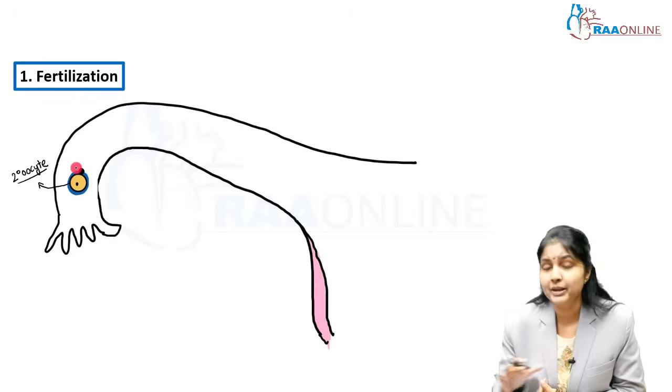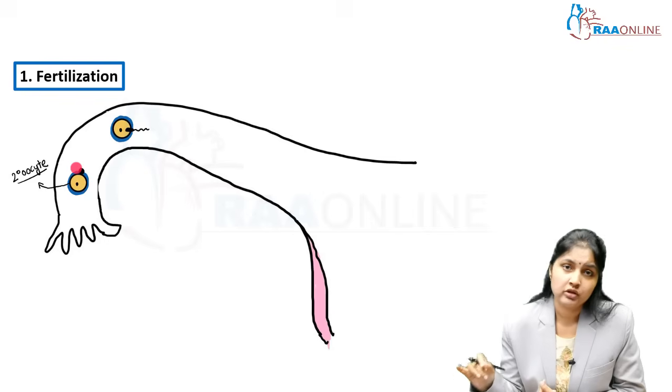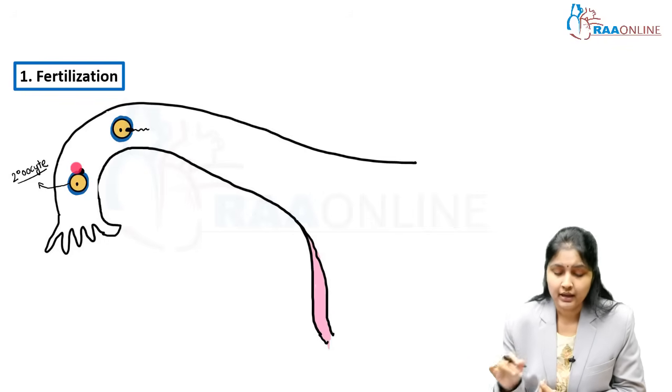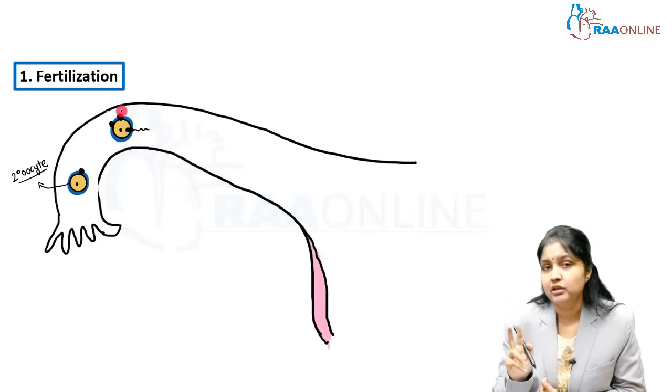So it is undergoing secondary meiotic division. If the woman has intercourse during this ovulation period and if the sperm fuses with this secondary oocyte, fertilization occurs. Now during this fertilization, the secondary meiotic division of this secondary oocyte is completed, which will lead to extrusion of the second polar body.